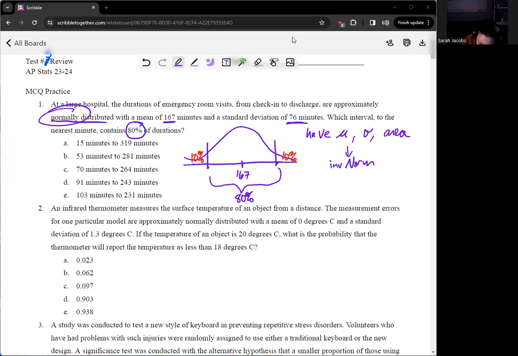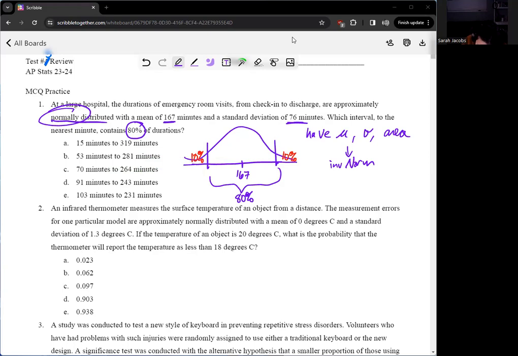So really, we need to find the two values where 10% is below and where 90% is below, because that's going to give us the lower bound and the upper bound.